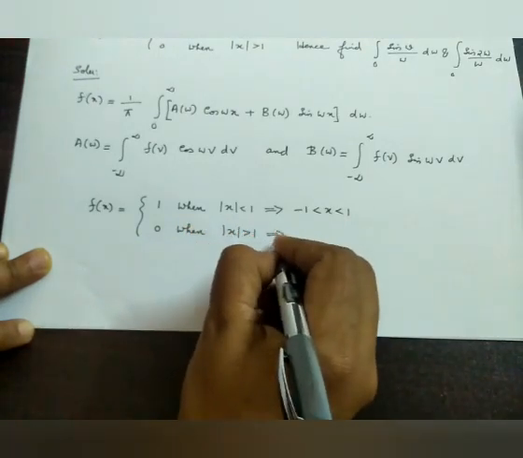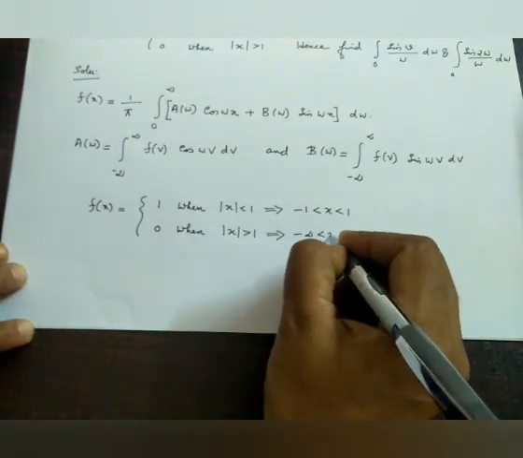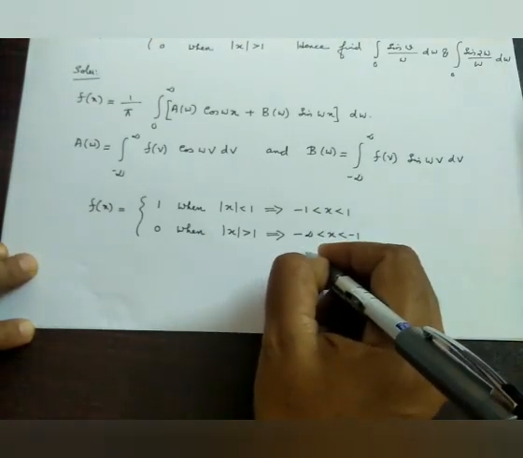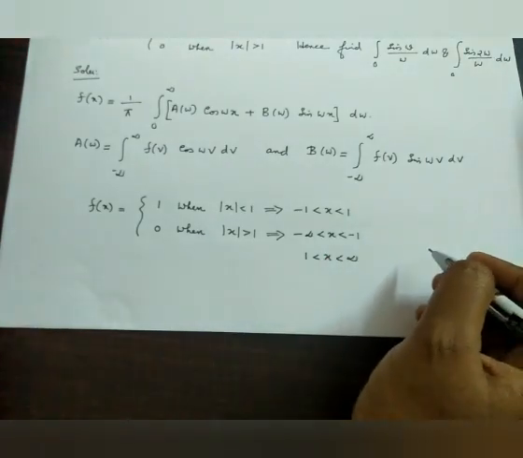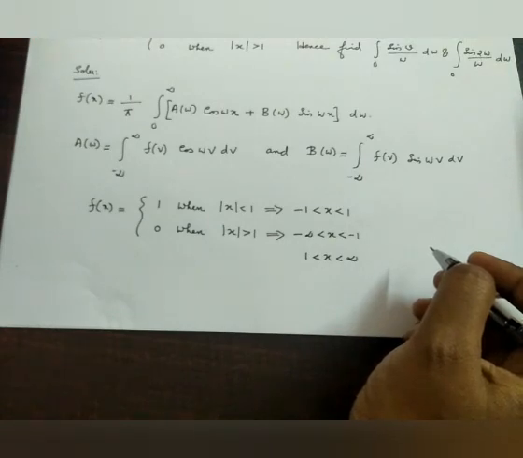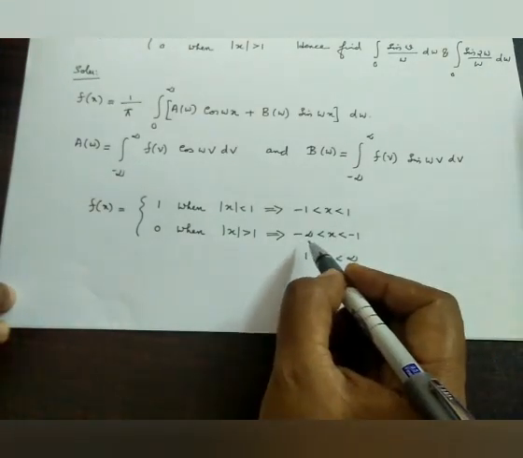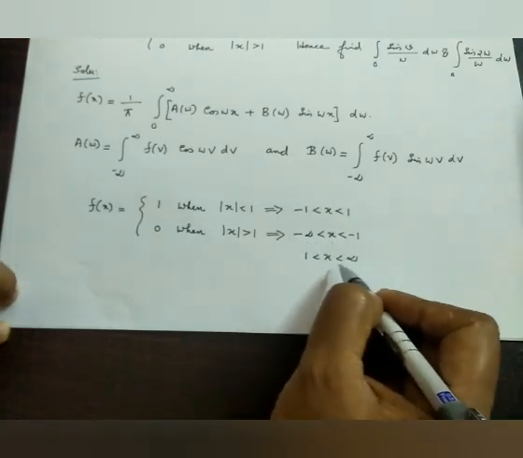That means minus infinity less than x less than minus 1 and 1 less than x less than infinity.